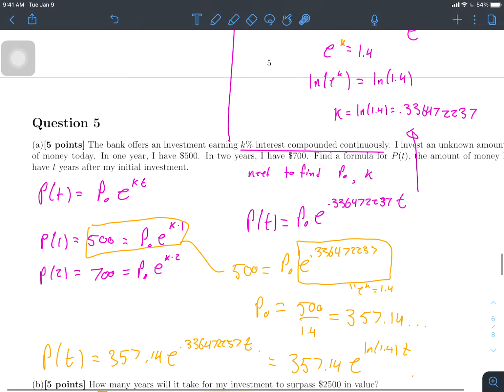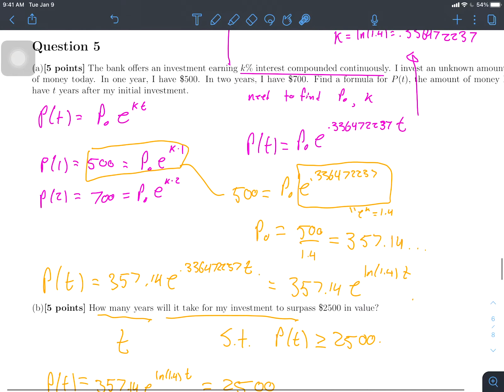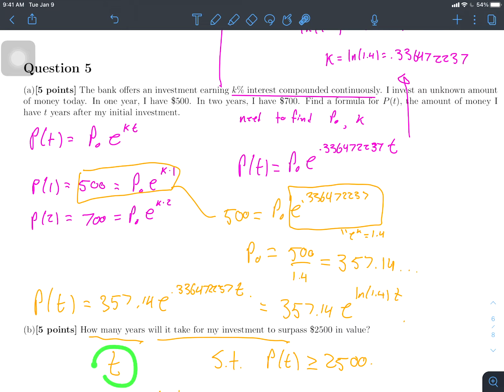Okay, so the next part of the question is asking us how many years it's going to take for the investment to be worth more than $2,500. Okay, so what we want to know is, we want to find the value t such that when I plug t into the p function, I get a number which is bigger than 2,500.